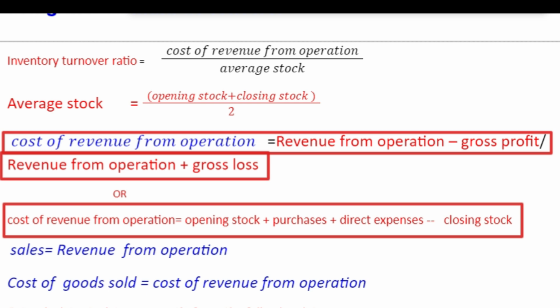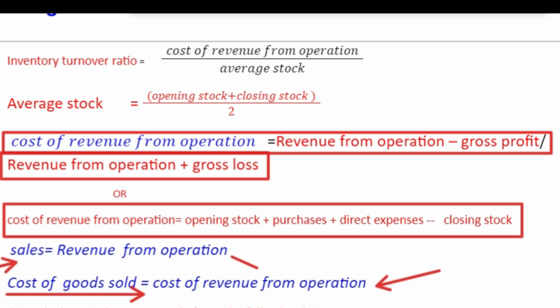The term sales is revenue from operation, and cost of goods sold is cost of revenue from operation. So based on this formula, let us solve one numerical problem on the stock turnover ratio.